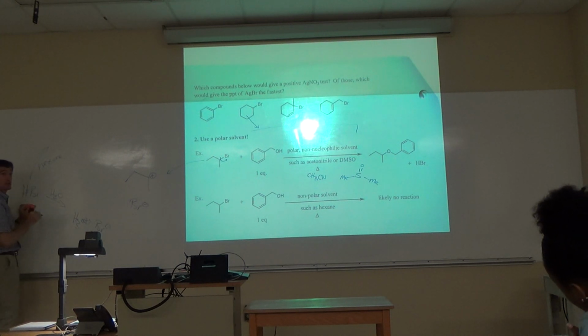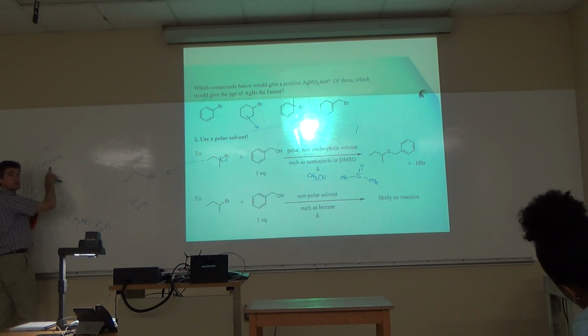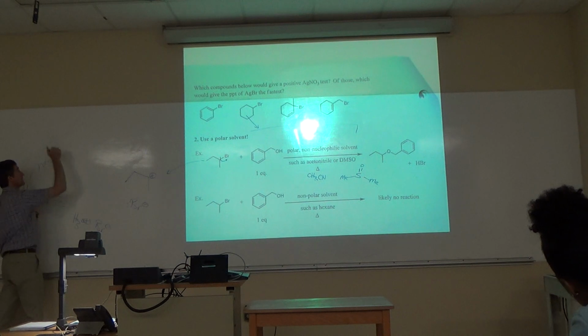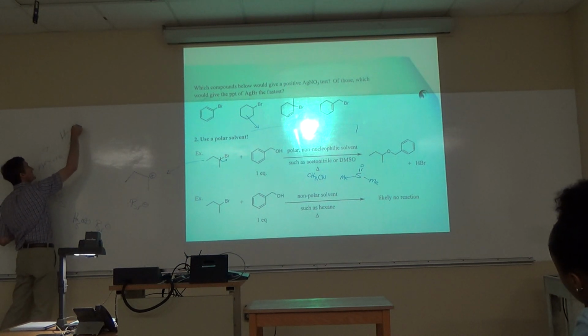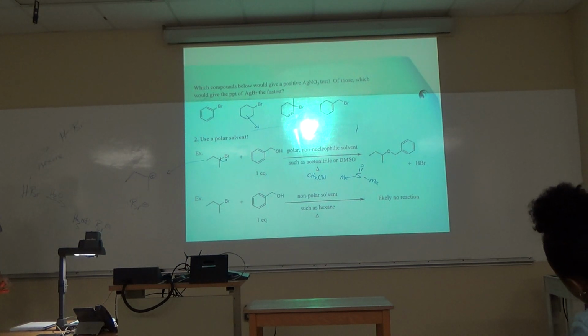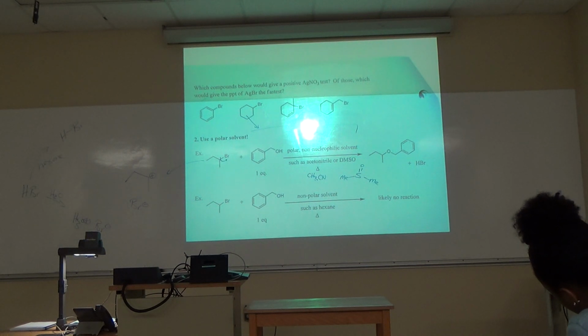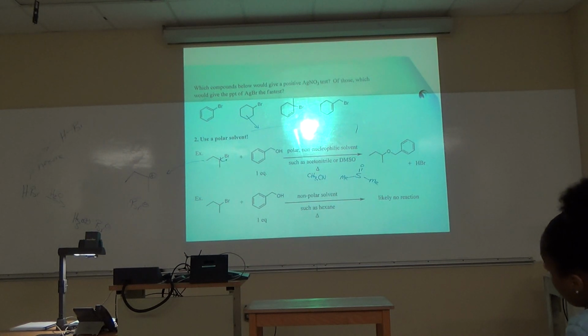Gen Chem, right? Nothing. It remains covalent. Because hexane will not give the ions any love, so it's not going to form any ions.